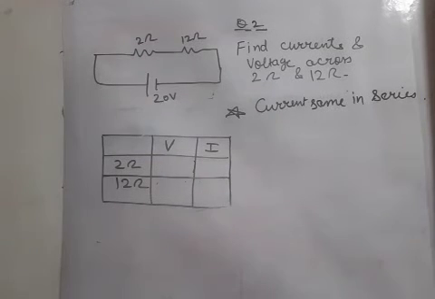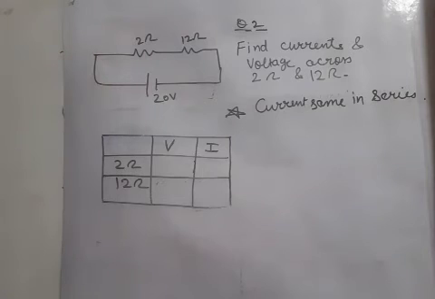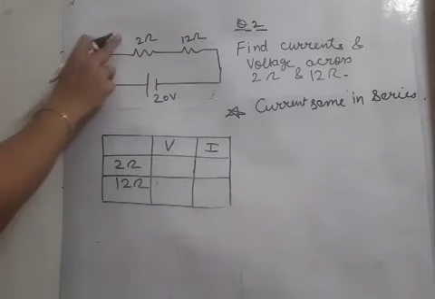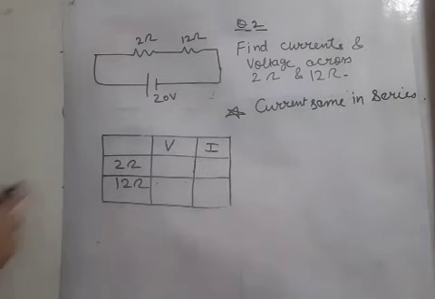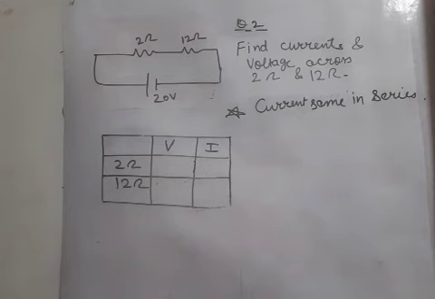In the second part of the question, we are given two resistances in series now. 2 ohm and 12 ohm are given in series across the battery of 20 volt. And we have to find the same things, currents and voltages across these two resistances. The change is that now these two resistances are connected in series.